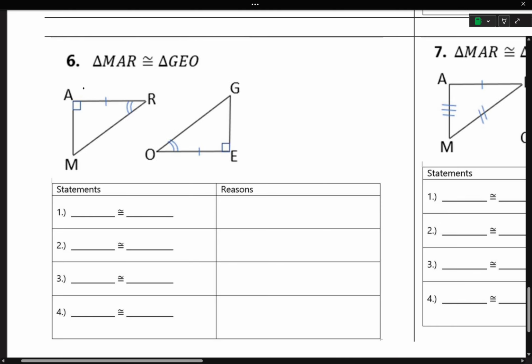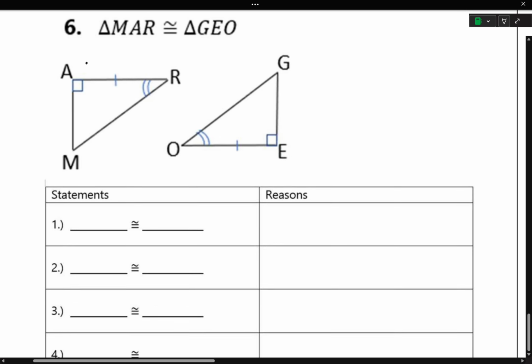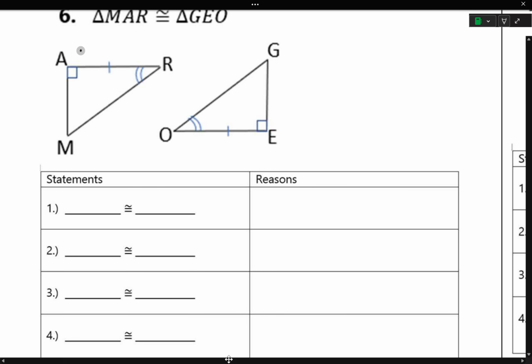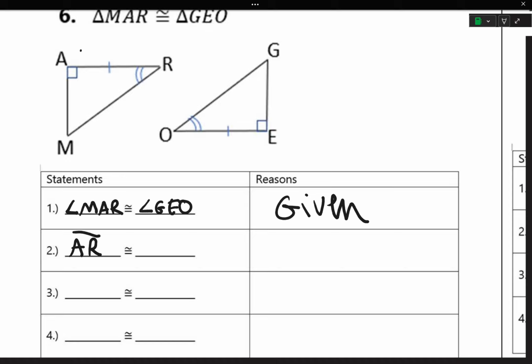Okay, let's start with the rectangle angle, the 90-degree angle. With the left triangle, that's angle MAR, and on the right triangle, that's angle GEO. That was given to us because it was marked. Then we have side AR, congruent to side EO, and that was given to us.